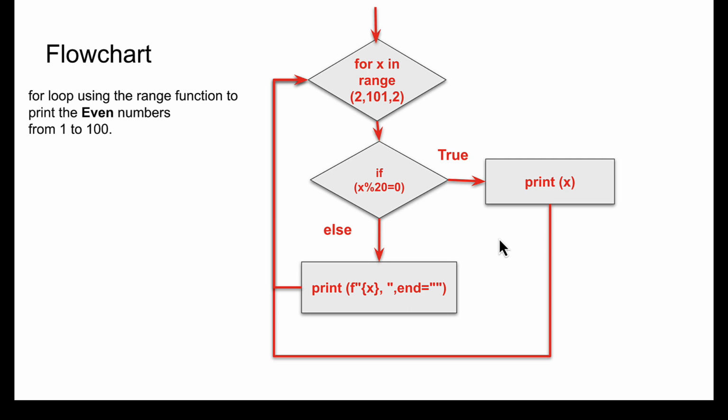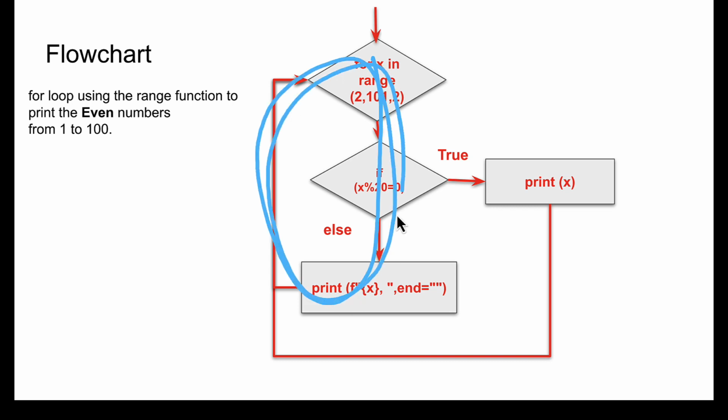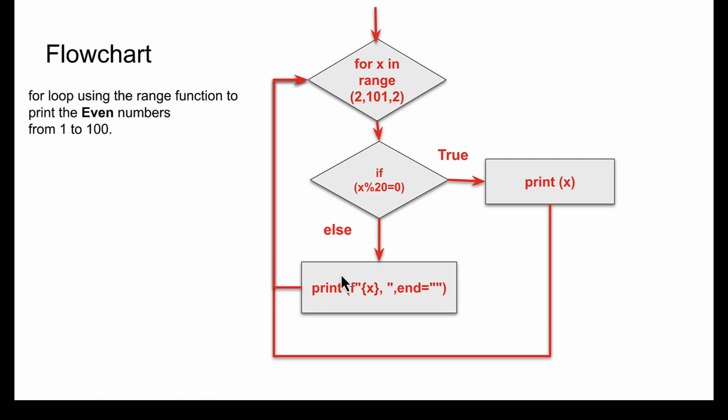Otherwise, continue with the loop and utilize the print statement with a comma and a space. This will loop around until the value is divisible by 20 with no remainder, and it will continue until the loop finishes, and then it will exit out of the loop.